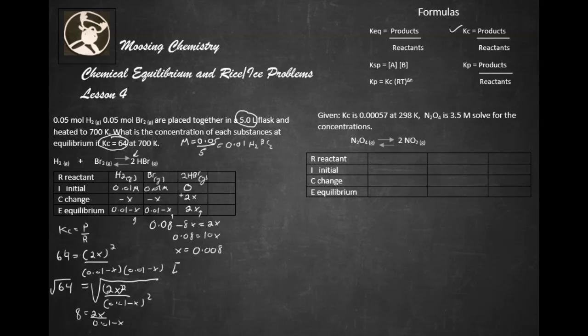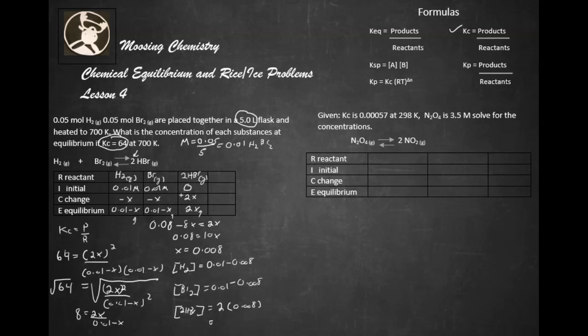So the H2 value is going to be equal to 0.01 minus 0.008. Our Br2 value is going to be 0.01 minus 0.008, and our 2HBr is going to equal 2 times 0.008.